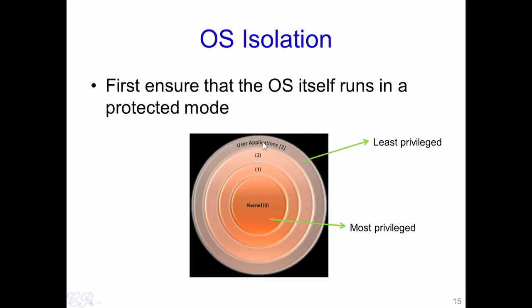What this means is that if we have, say, a web browser running here and also an office application, the entire system of the operating system along with the processor will ensure that the web browser has no information about the other application, that it does not know what the office application is doing, and the office application will not know what the web browser is currently executing. For instance, the office application will not know what web pages are currently being browsed.